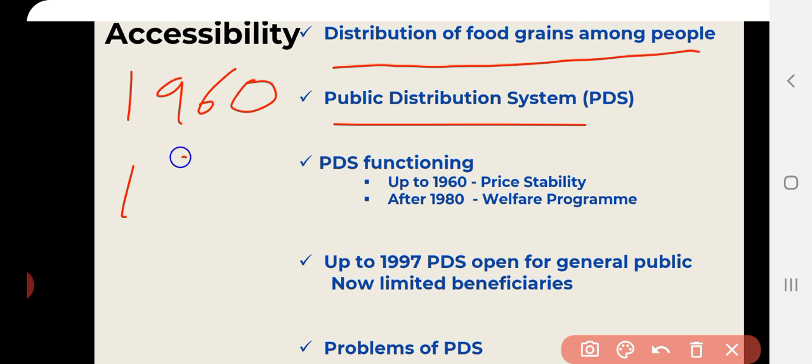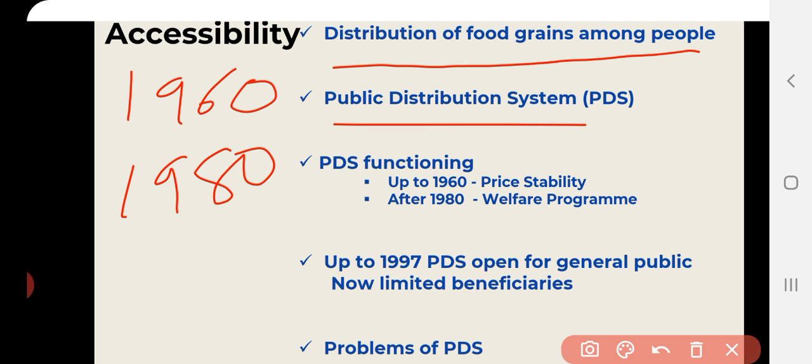But since 1980, the objective of this public distribution system changed, and it was used for the implementation of the welfare program. Welfare program means to provide different types of commodities from this public distribution system: wheat, rice, edible oil, cereals, pulses, sugar, kerosene oil, clothing, soap.